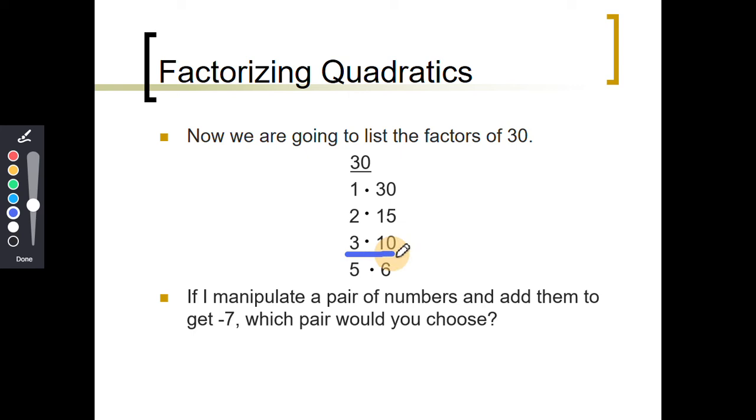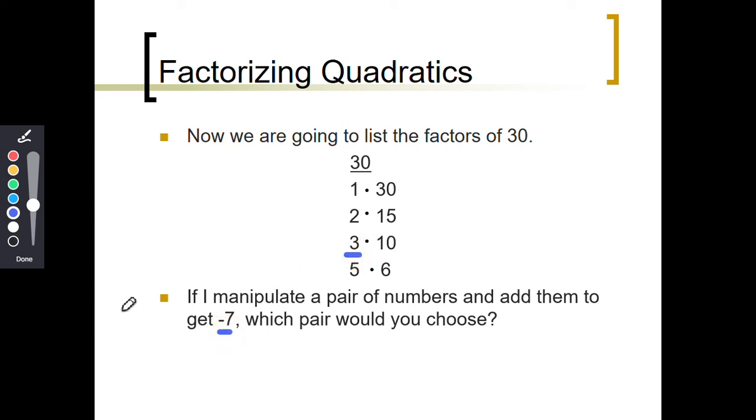But look at this pair here. If I make 10 negative and I add 3 to it, I'm going to get negative 7. So if I take this pair and I made this number negative and I add it to 3, I am going to get negative 7.